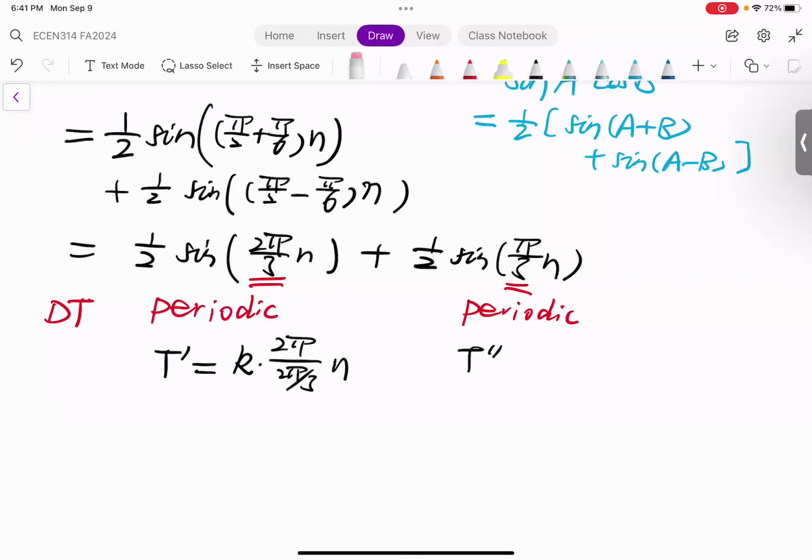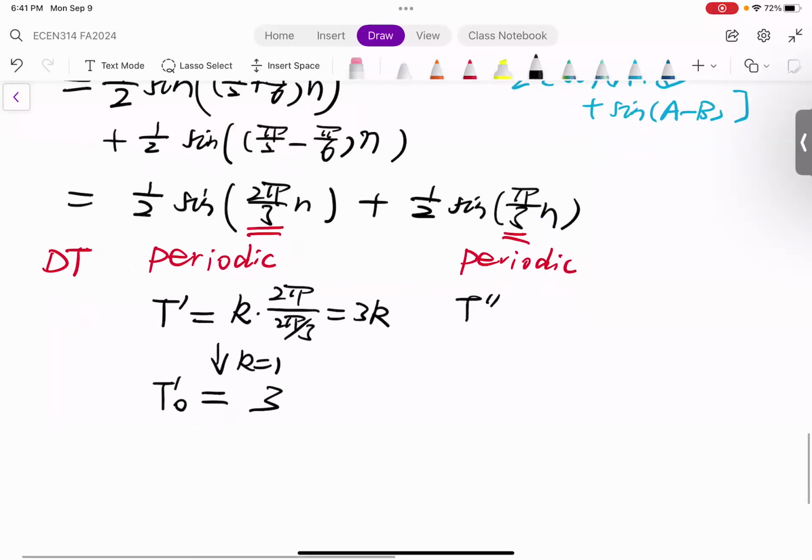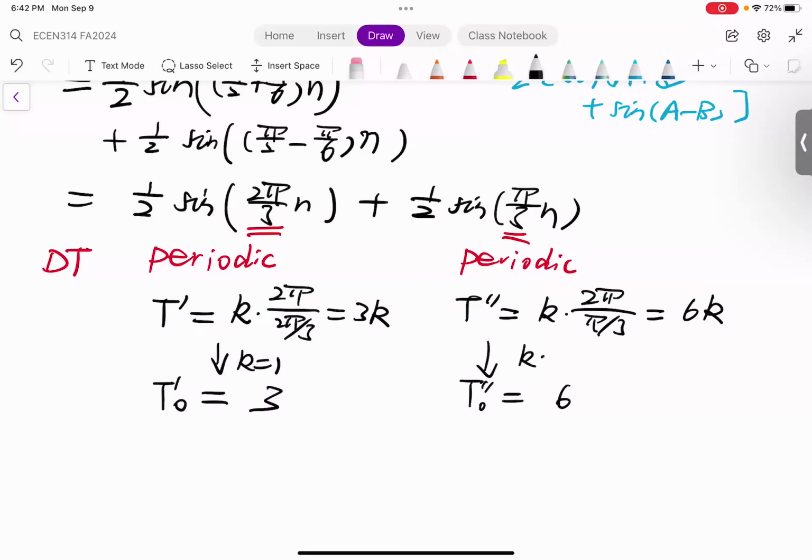I'm sorry, there's no n. And then the smallest fundamental period is when this is equal to 3 times k. So apparently that's when k equal to 1. So that's 3, right? And the second one is k times 2 pi divided by pi over 3, and that equals 6k. So the smallest fundamental period is 6 when k equal to 1, right?